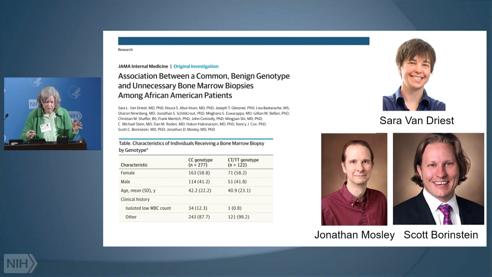So I'm going to go through a few examples of studies that have been done on commonly used lab values. White cell count, neutrophil counts, commonly used in people who take drugs that might be cytotoxic, in trying to identify people who might have hematological disease.